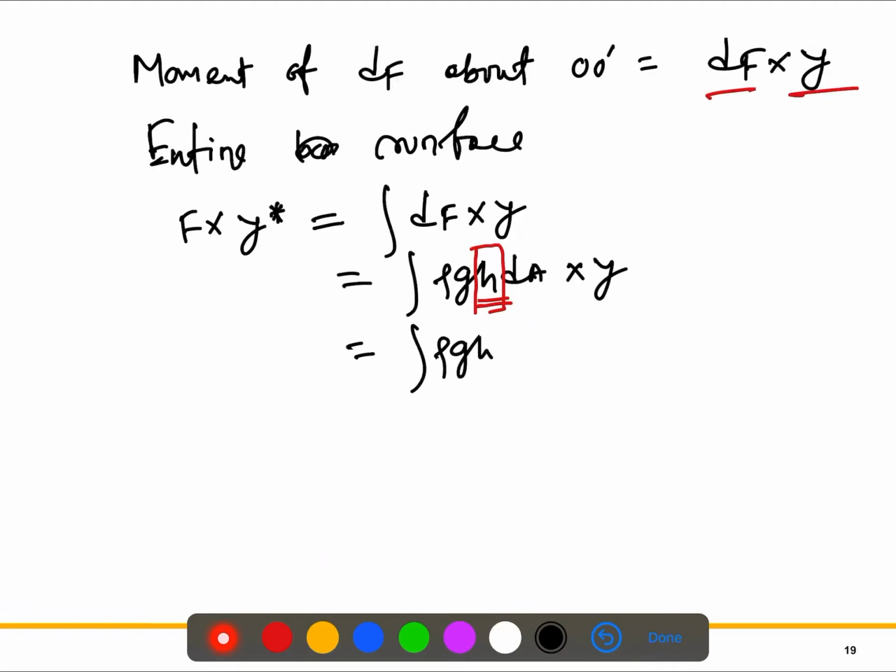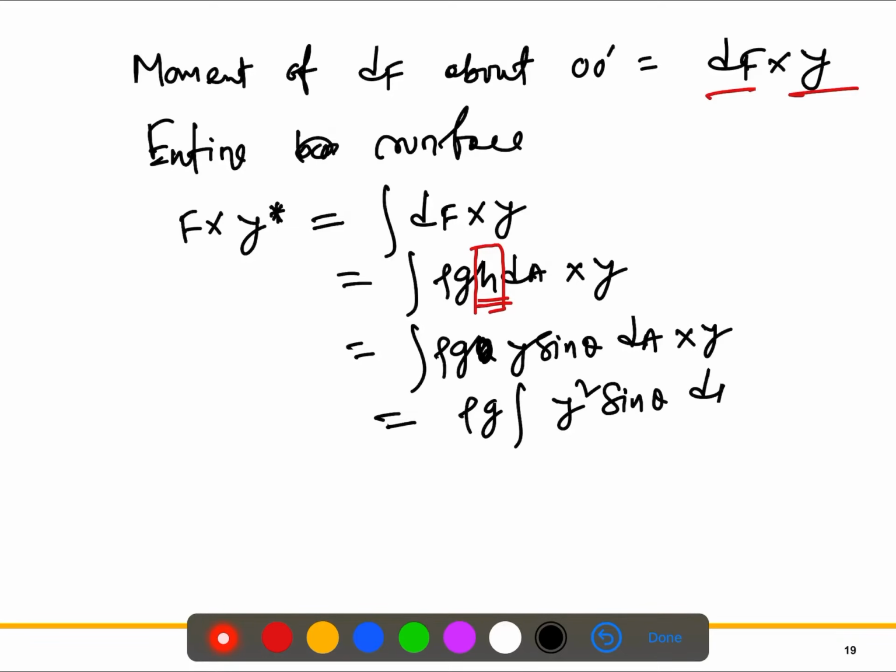Rho g y sine theta dA into y. Rho g is constant, put it outside, so it is y squared sine theta dA. The integration of y squared sine theta dA is actually the moment of inertia about O, about the line O dash.